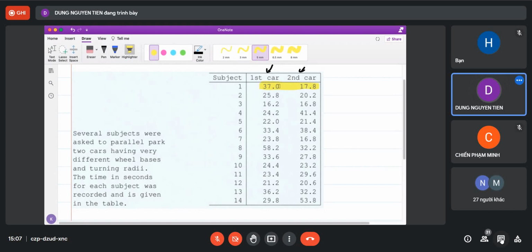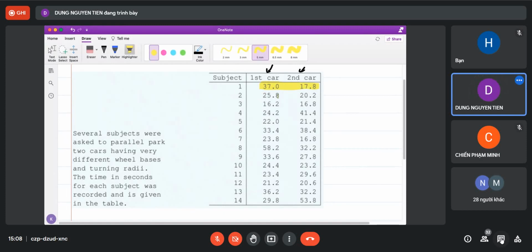pair are correlated, right? If one person is an experienced driver, then that person will need less time to park a car. Otherwise, the person will need more time to park the car. I mean both cars, right?